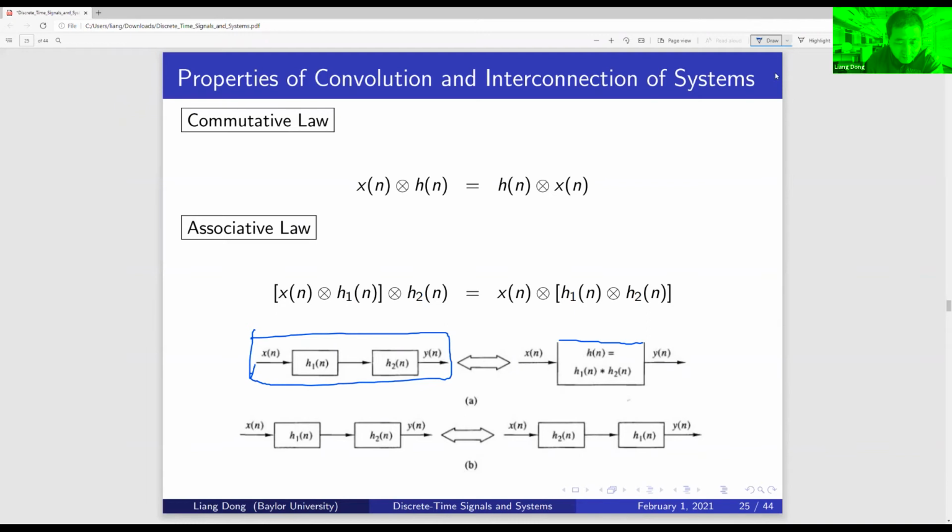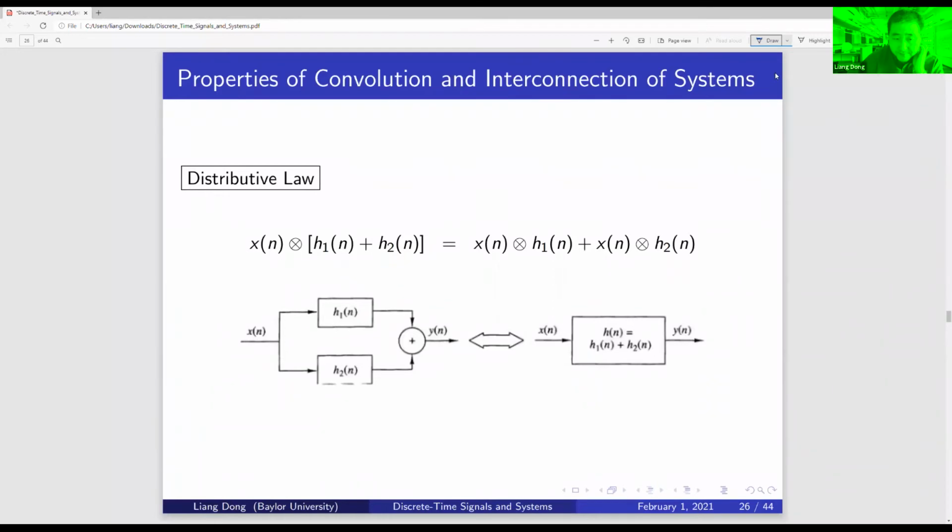We have a similar effect if the signal goes through the second system, h2n, first and then the first system, h1n. That's the same, because of the commutative law and associative law of convolution. Therefore, if we can change the order of those two systems, that proves that convolution is indeed a linear operation.